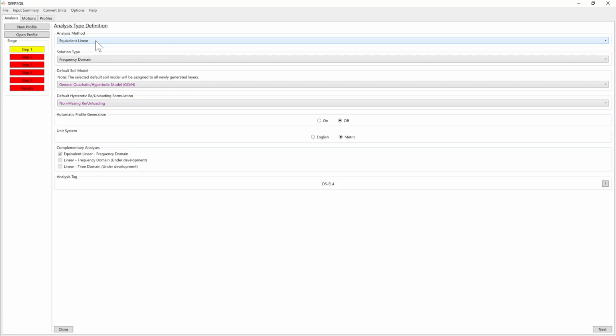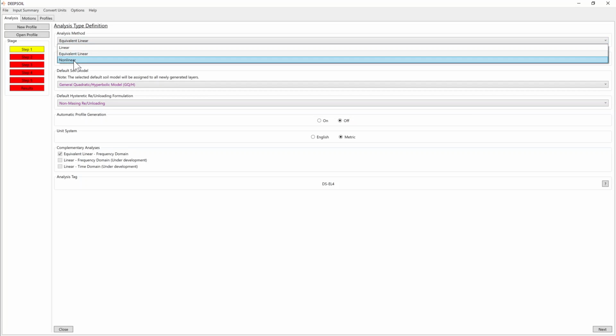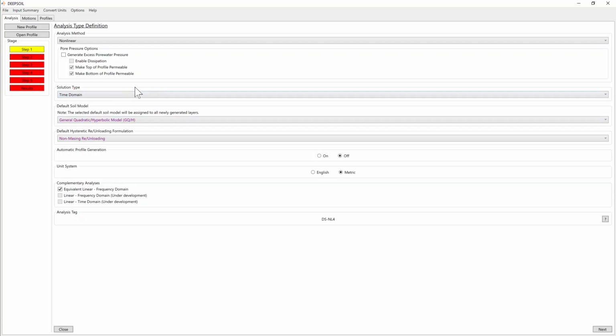Now, you also have here the choice to use the nonlinear analysis, and you have a few more options that appear. First of all, you can decide whether or not you want to generate excess water pressure. You may be tempted to just tick that box because you know that soil would generate excess water pressure upon cyclic loading.